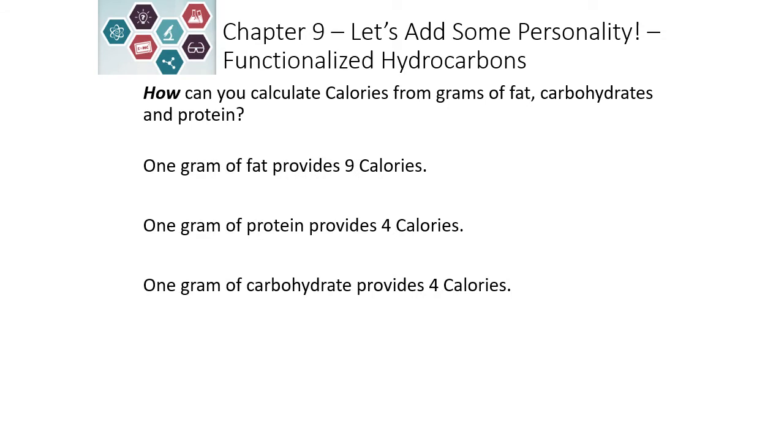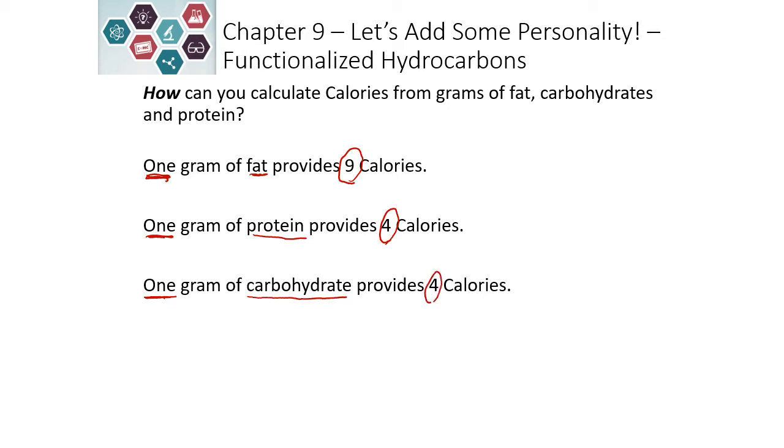So if we look at fat, 1 gram of fat in food provides 9 calories of energy. If we look at 1 gram of protein in our food, that gives us 4 calories, capital C calories, and 1 gram of carbohydrate gives us 4 capital C calories.